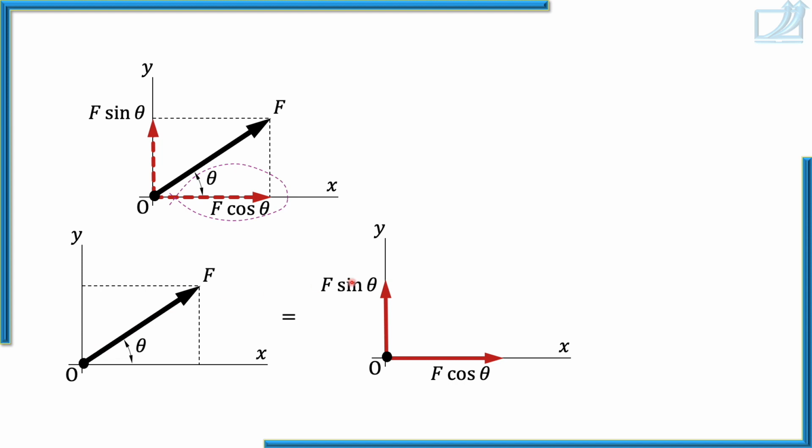So when you replace this force by these two forces, it is resolution of force into rectangular components. Now one instruction: when you know the angle of force with the x-axis, then you know the angle of force with the y-axis also. This angle is 90 minus theta. But my suggestion is you insert the angle either with the x-axis or with the y-axis. Don't insert both the angles.